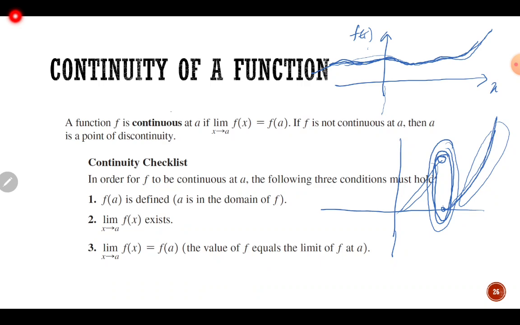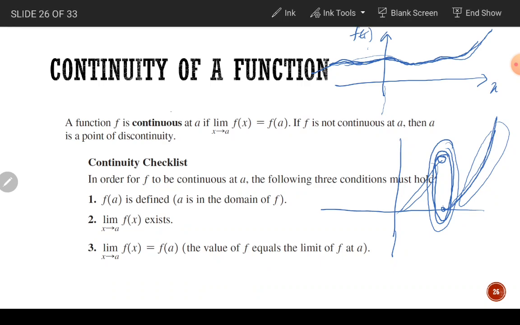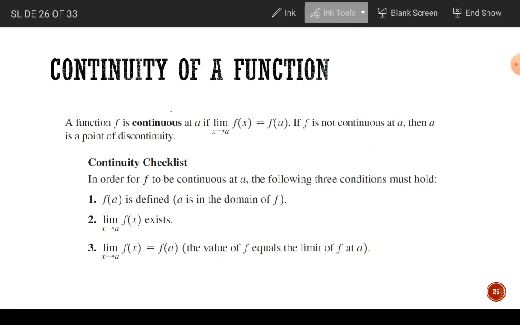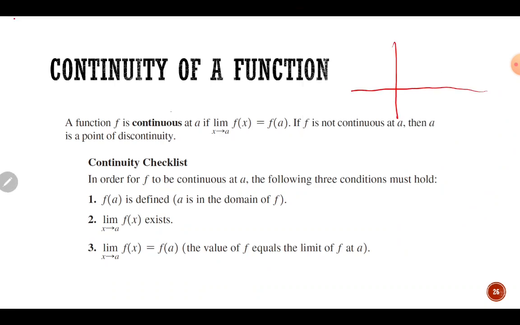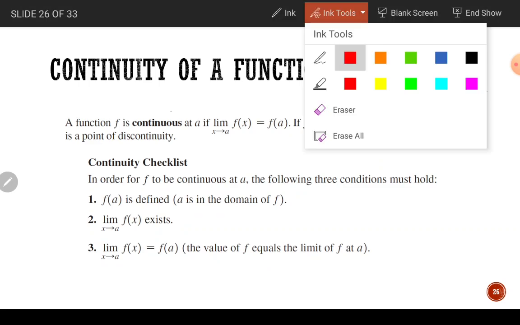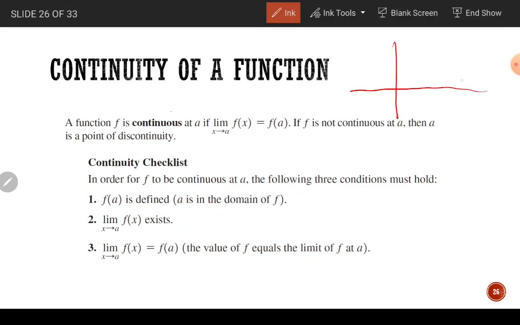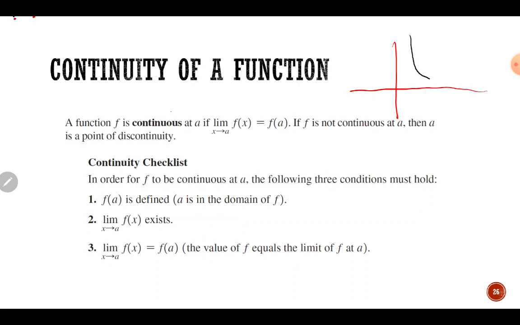Boleh faham? Ataupun salah satu lagi contoh that I may give to you is, katakanlah macam sebelum ni, we have a vertical asymptote. Remember? Okay, we have a vertical asymptote. Let's say the graph is macam ni, macam ni. For example, like this is the graph. So maknanya the graph is discontinuous at x equals to 0 kat sini.